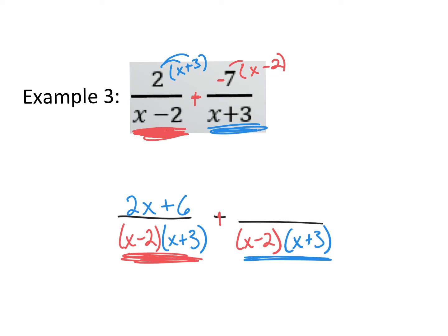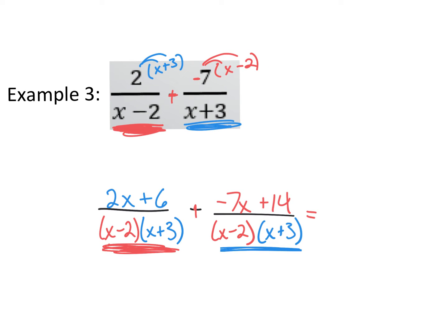Now I'm distributing a negative 7, so this becomes negative 7x plus 14. Why? Because I just moved this negative up here and I distributed it. If I wouldn't have done that, I would have just brought it down, but I still would have had to distribute that in the end. So I just saved myself some time.